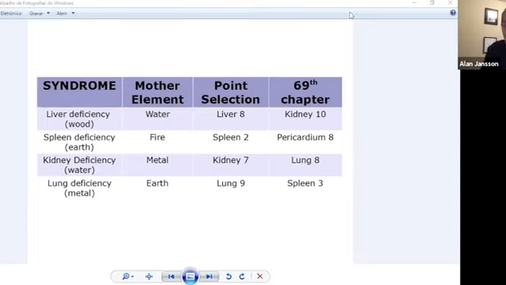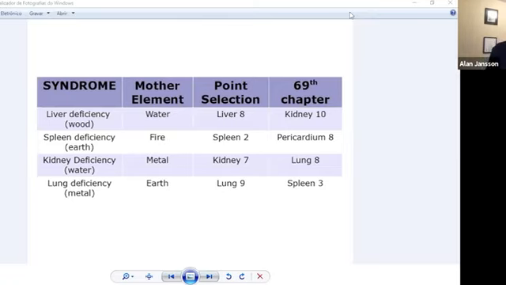The last, but certainly not the least, element we'll deal with is the metal element. In this issue, where we're looking at treating the zang, we're looking at treating the Tai Yin meridian, we're talking about the lung organ, lung meridian complex.